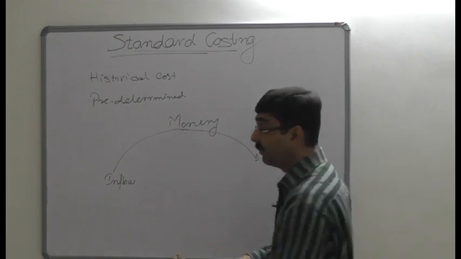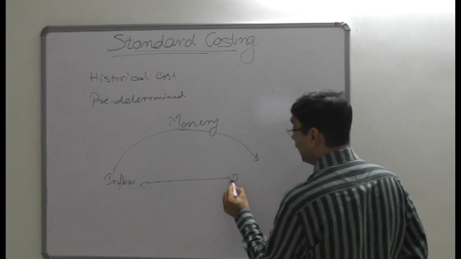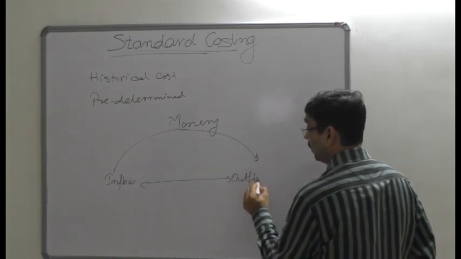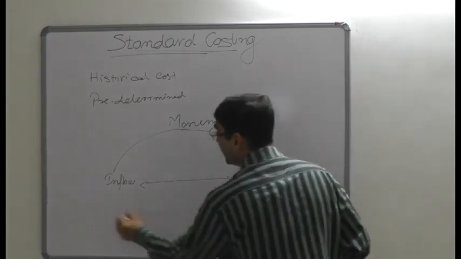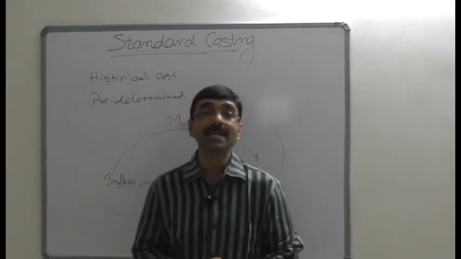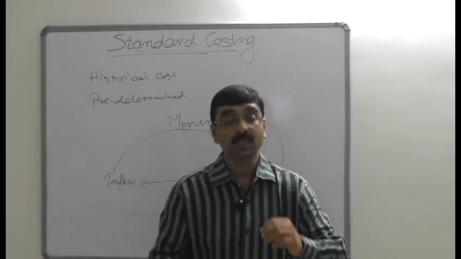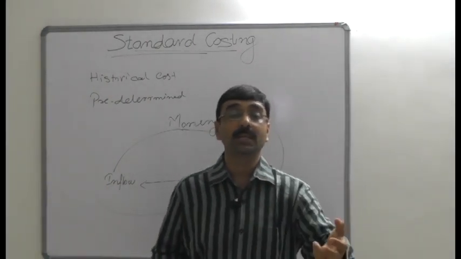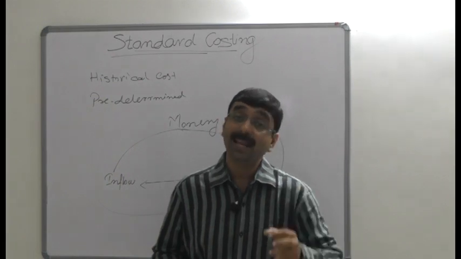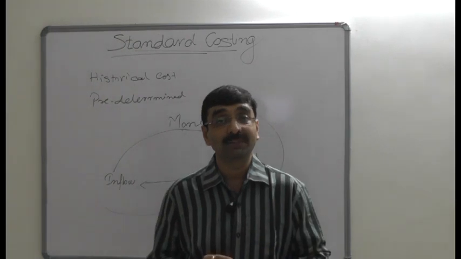When it comes in, it is inflow, and then outflow. Through this chart, I want to tell you that the amount of cost incurred in the inflow of particular transactions is converted into a certain amount of output, and then it goes out and again is generated as liquidity.